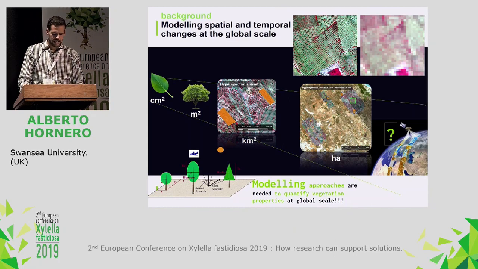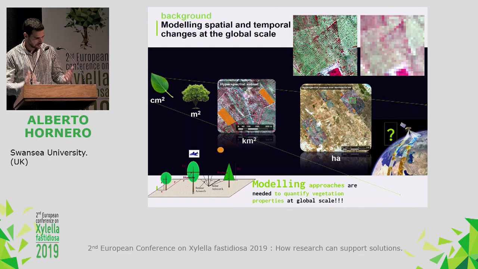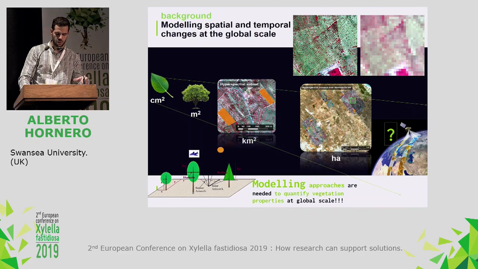This implies the need for using physical models to transfer information across different scales in order to retrieve biophysical properties of the vegetation cover. As we can see in the bottom scheme, there are different components included in a 3D radiative transfer model, so we can retrieve the biochemical composition and the structure of the canopy from a satellite image.